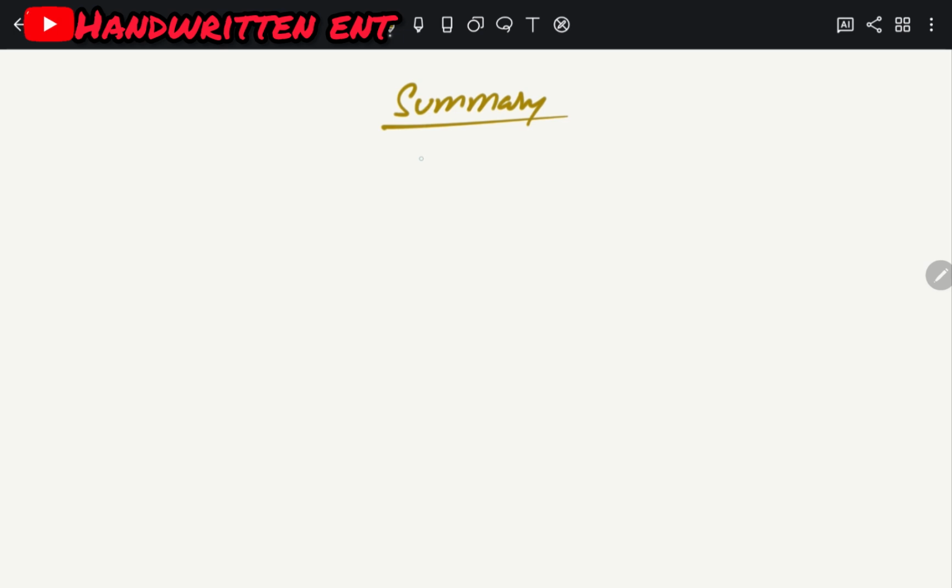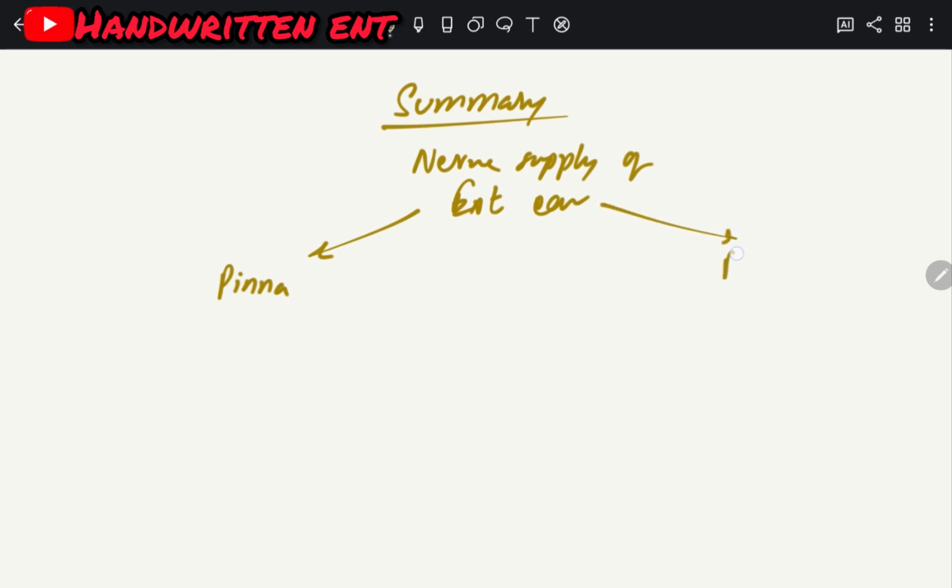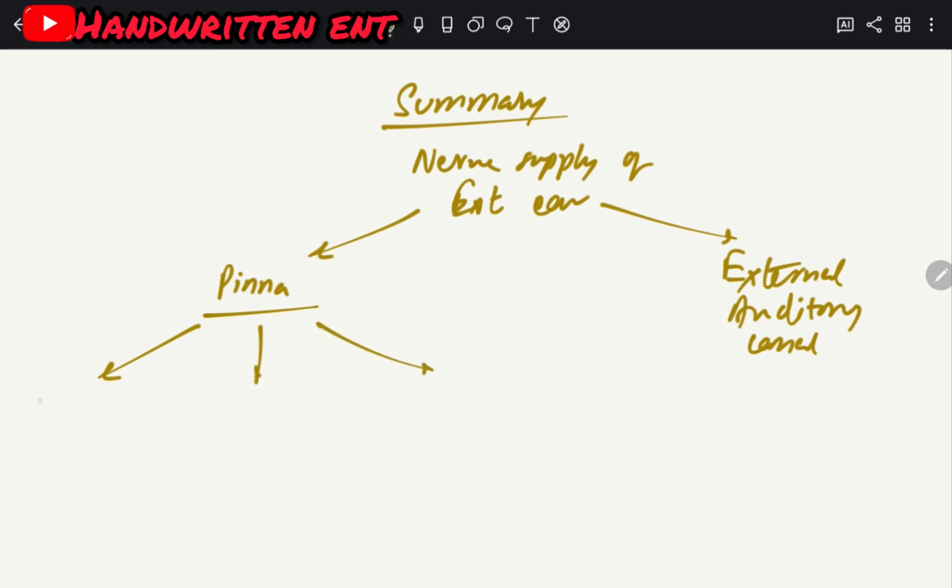So, in a nutshell, the nerve supply of external ear can be divided into the nerve supply to pinna and the nerve supply to external auditory canal. The pinna is supplied by auriculotemporal nerve.